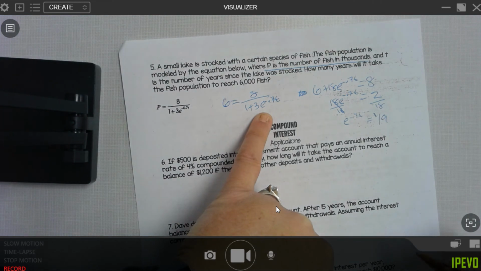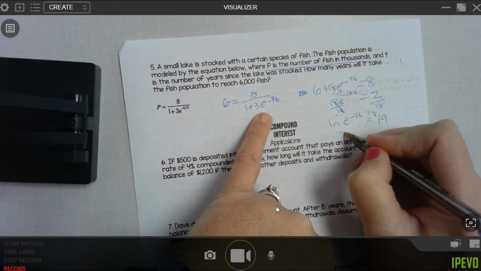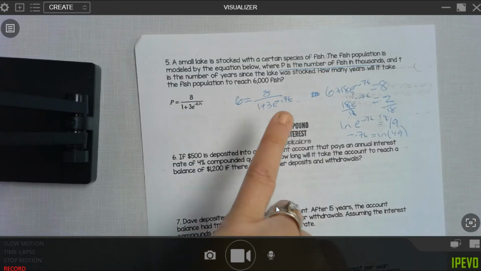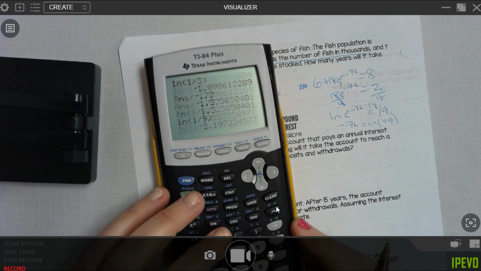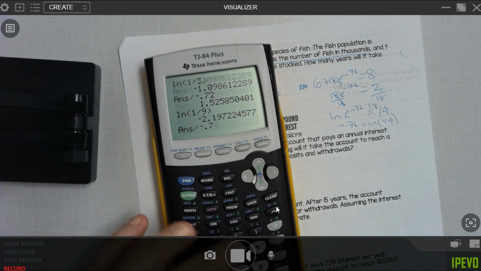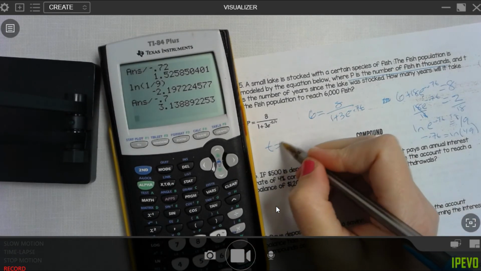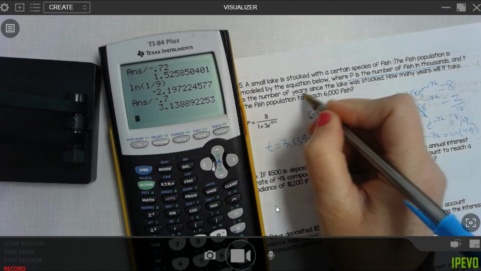And then I'm going to natural log both sides. Natural log of e will become 1. So I'm going to have natural log of 1/9. And then divide by negative 0.7. So I got 3.1. So my t equaled 3.139 years, because it says years right here.